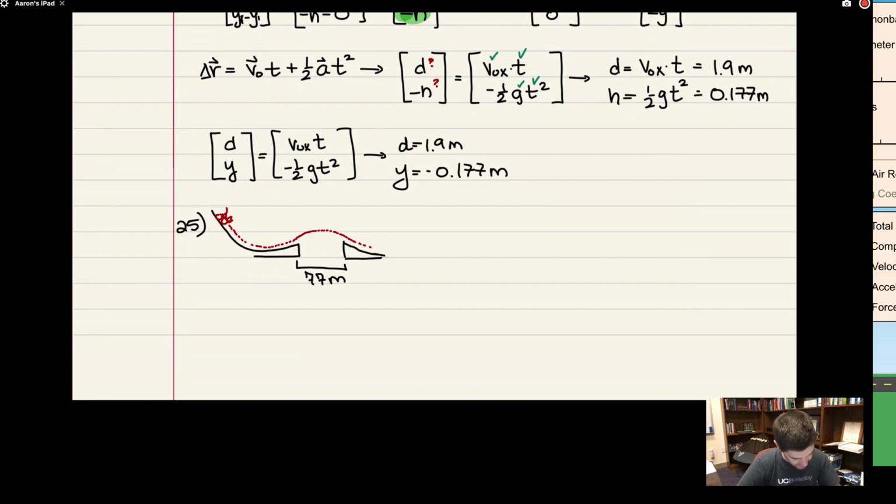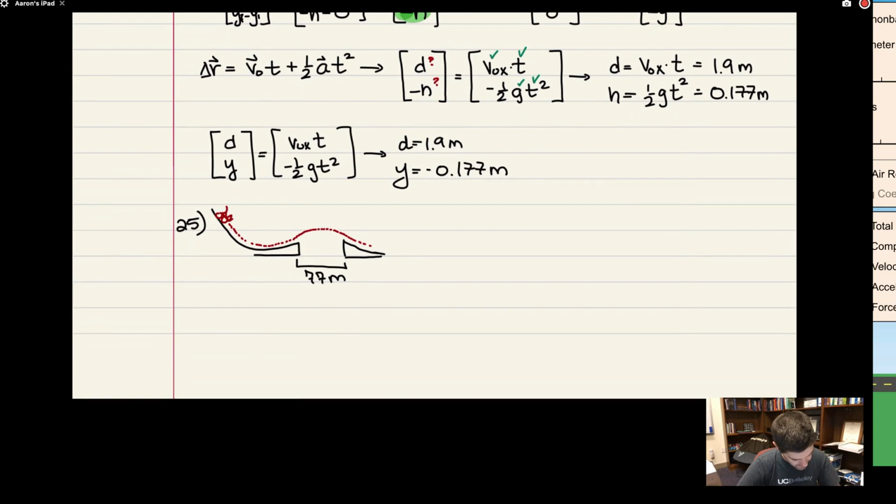And the angle at which the jump occurred is 12 degrees, it said. So I guess if I look at that angle there, it would have been 12 degrees. And it's asking, what is his takeoff speed?